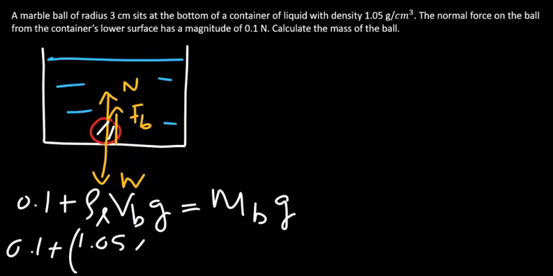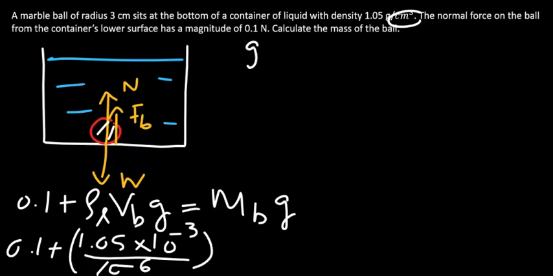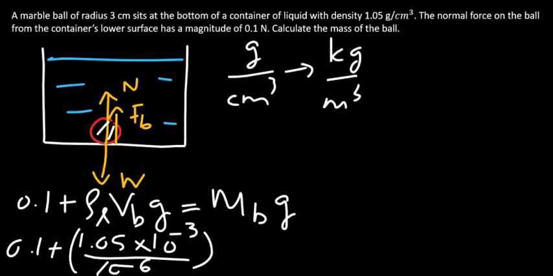1.05 gram into kg, 10 to the power minus 3, divided by cm cubed to meter cube, 10 to the power minus 6. So I have changed the unit for this density from gram per cm cube to kg per meter cube. Now the volume of the ball is 4/3 times pi times the cube of the radius.